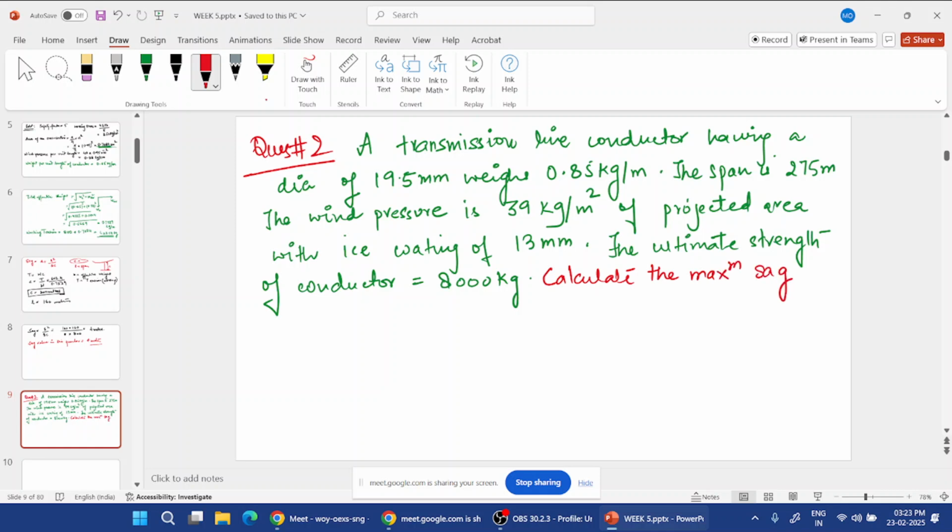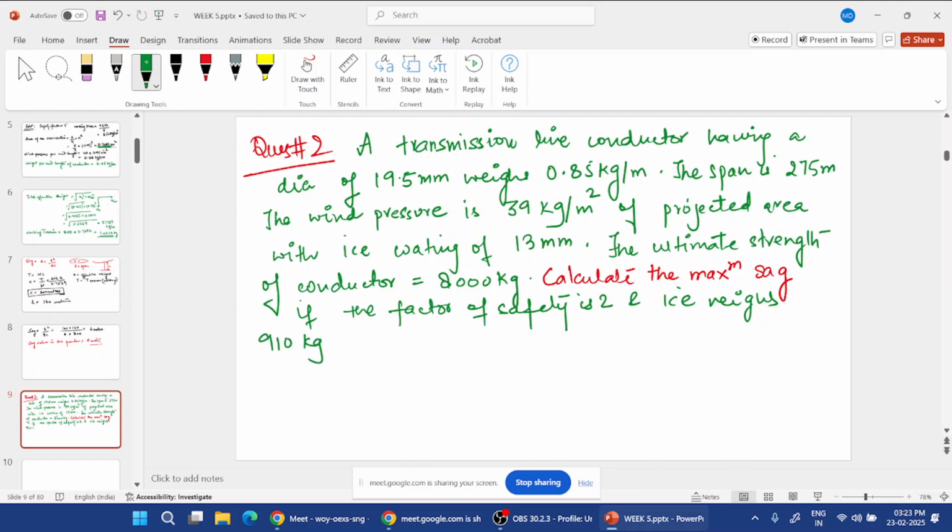Okay, if the factor of safety is 2 and ice weighs 910 kg per meter cube. Okay, so basically we have to calculate this.